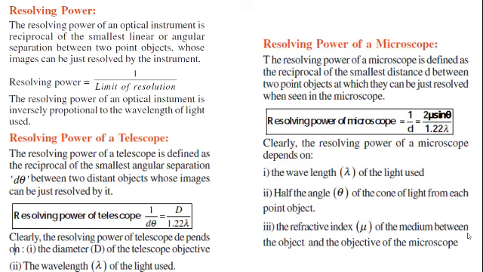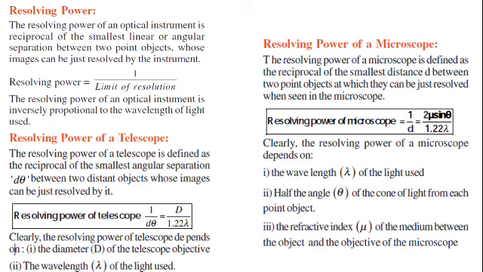Okay, fine. Now, I already said resolving power is a very, very important topic. If they ask a question, it is 100% from the resolving power only. The derivation for the resolving power of a microscope and telescope is lengthy, and it is not required also.